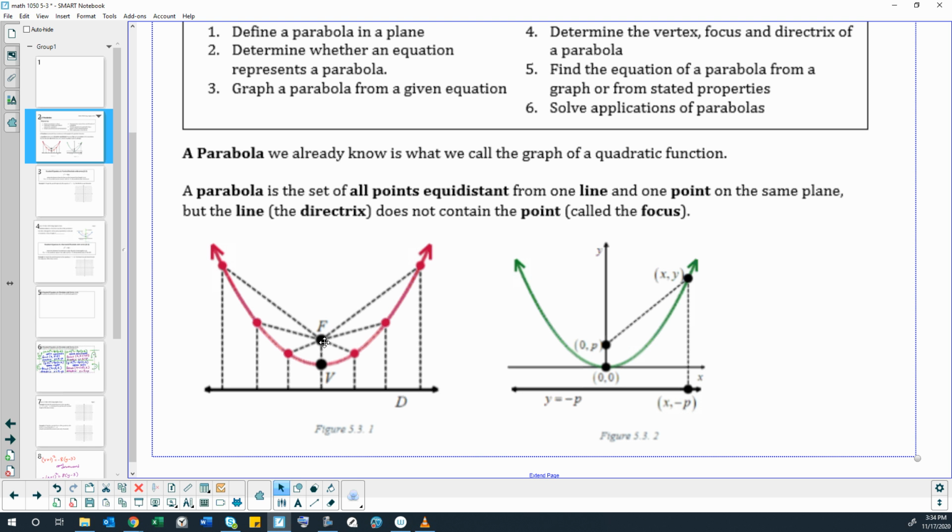This length right here, the one between the focus and the vertex, and then the same distance directly from the vertex perpendicular to the directrix, is called the focal length, and that's going to be really important when we start graphing these. The directrix isn't really important other than it's part of the mathematical definition, and we are asked to find it on problems on this assignment.